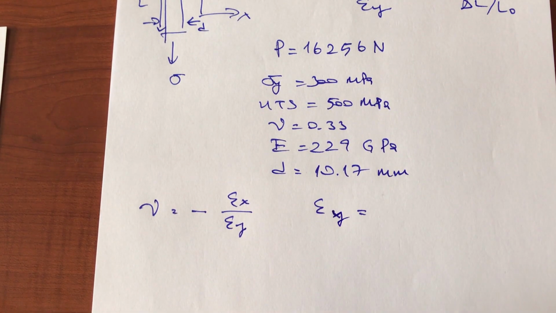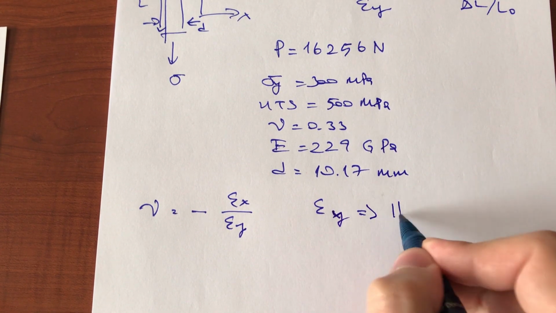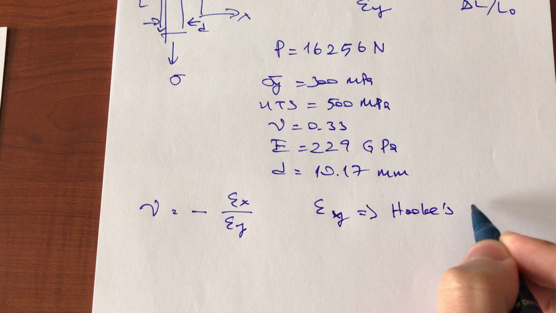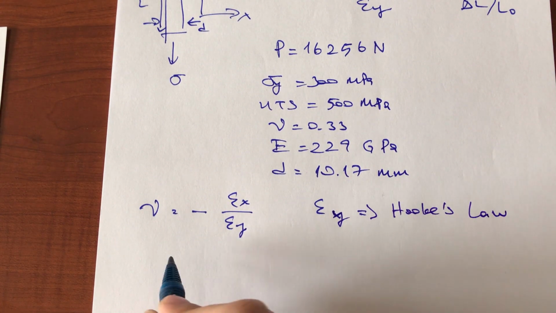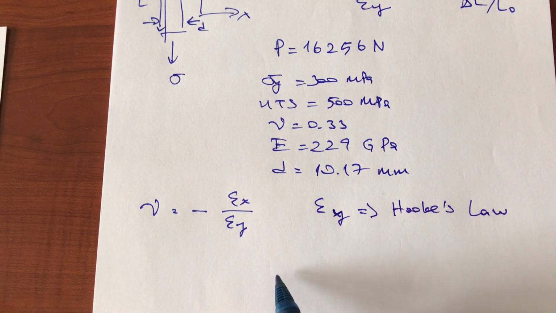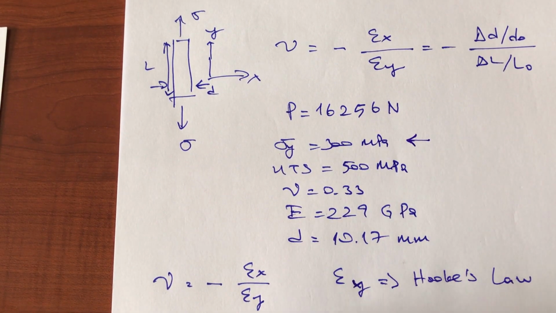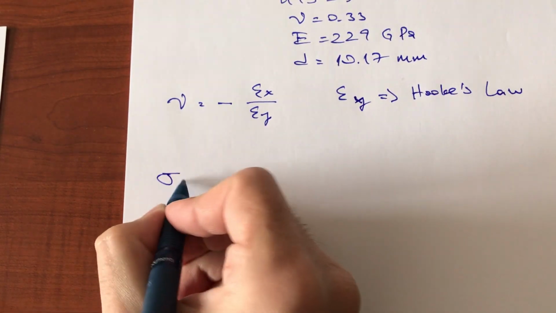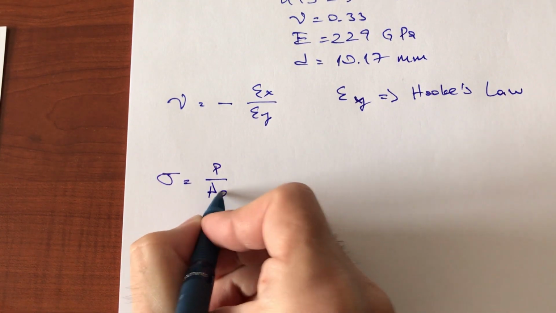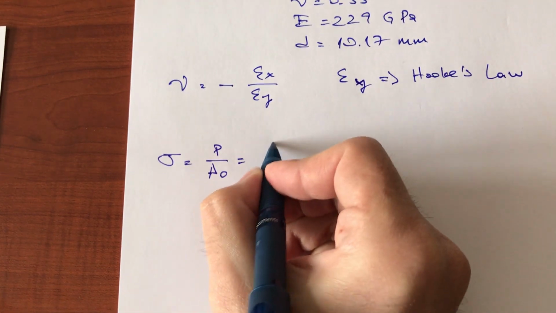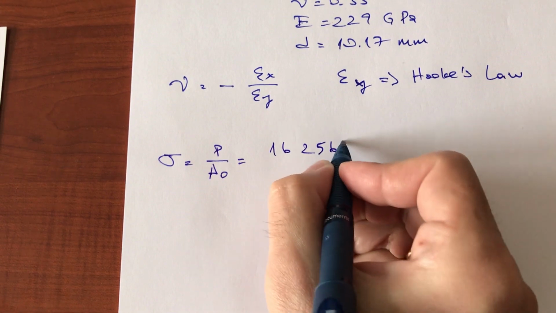First we calculate the epsilon y. The epsilon y has to be calculated from Hooke's law. So we need to check whether the material has exceeded the yield strength or not. So the stress is going to be P over A0. P is given as 16,256 newtons.